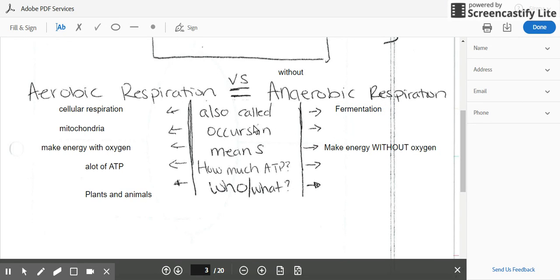Since it's without oxygen, it's going to occur on the outside of the mitochondria. So right around the mitochondria, we know is the cytoplasm. Since it's without oxygen, we're not going to make a lot of ATP. So we're going to put less ATP.